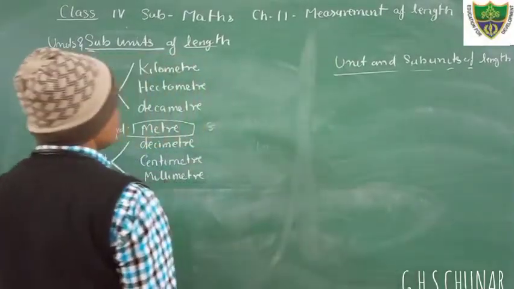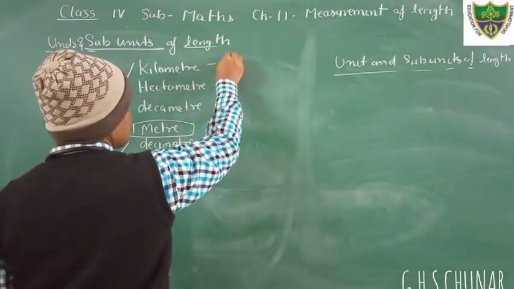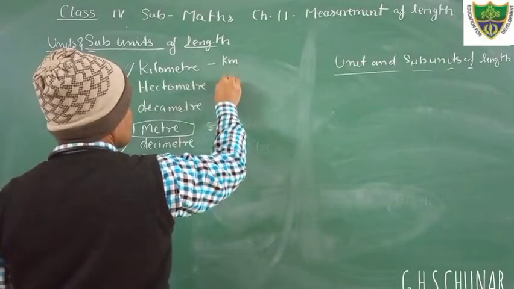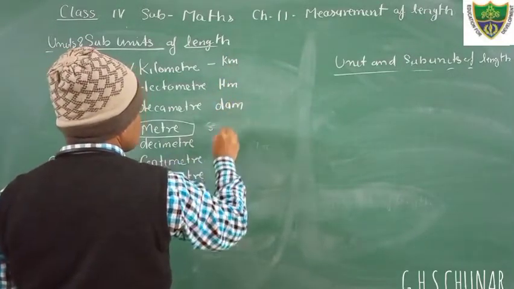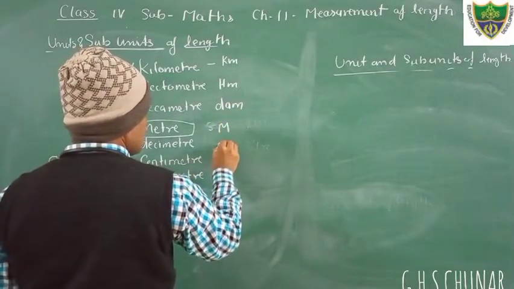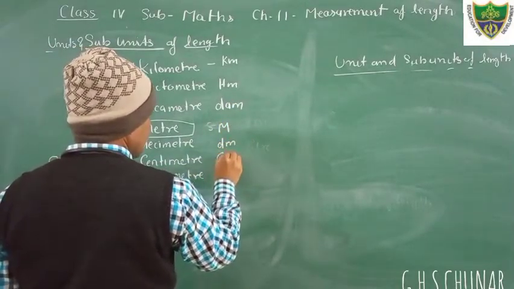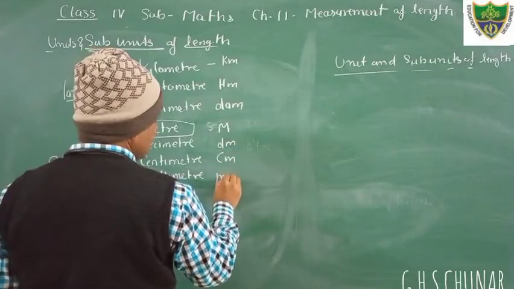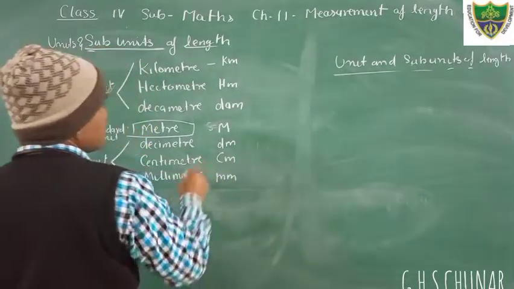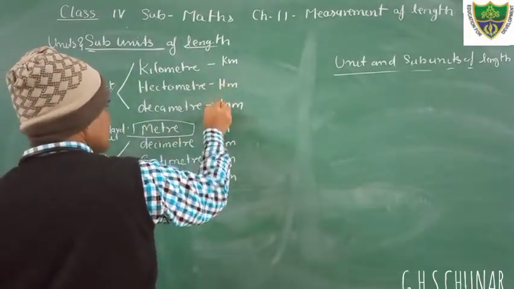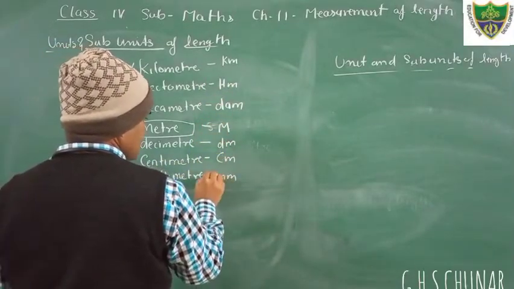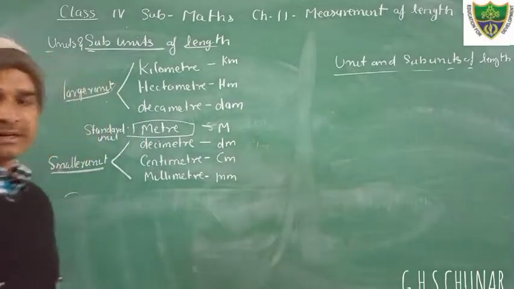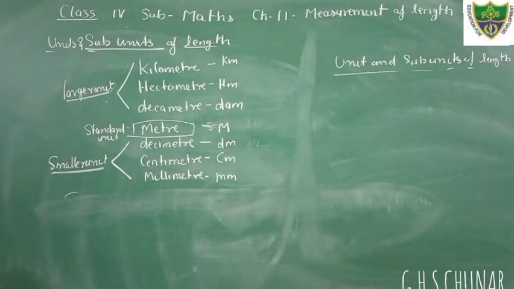In short, we will write it as km, hm, dam, and this is m, dm, cm, and mm. We will write in short km, hm, dam, m, dm, cm, and mm. You also learn the short forms of the units.